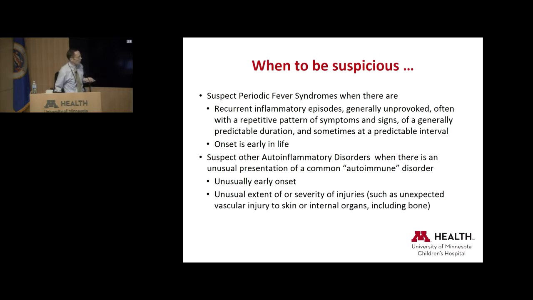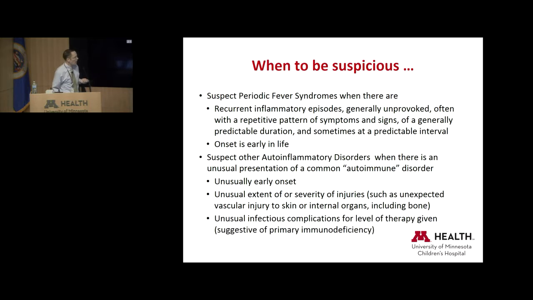So it isn't just that it presented that early, but it presented with severity that was unexpected, and especially we see a lot of vascular injury to skin and internal organs, and we see bone lesions in a number of these disorders.